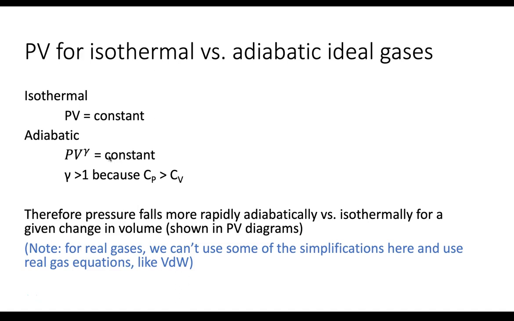So that means that the relationship is going to be different. So in other words, the pressure, and then we have the statement below here, the pressure falls more rapidly in an adiabatic process versus an isothermal process for the same change in volume. And there are PV diagrams where you can look, and there's one in our book that shows this kind of process as well.